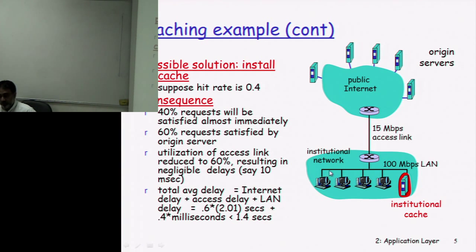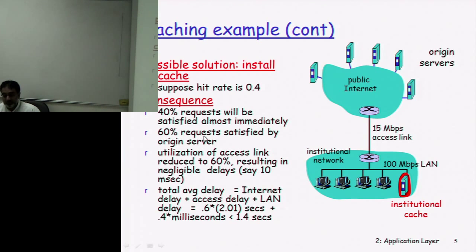Whenever a client wants to browse a web page, first the request will be sent to the cache and it will be checked in the cache. If the web page is available, it will be served from here. The request will not go to the origin server over the internet and our access bandwidth will not be used in that case. So 40% of the requests will be satisfied almost immediately within the local LAN from the cache server.